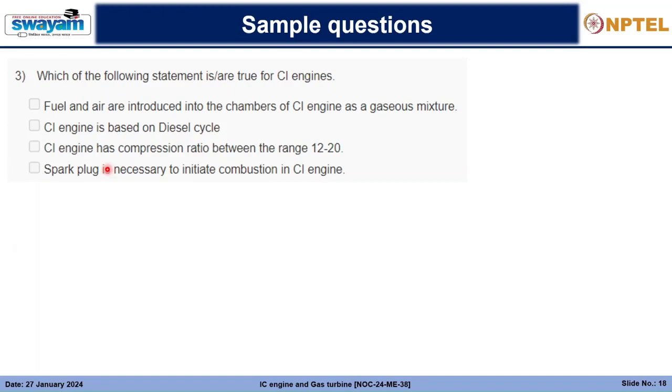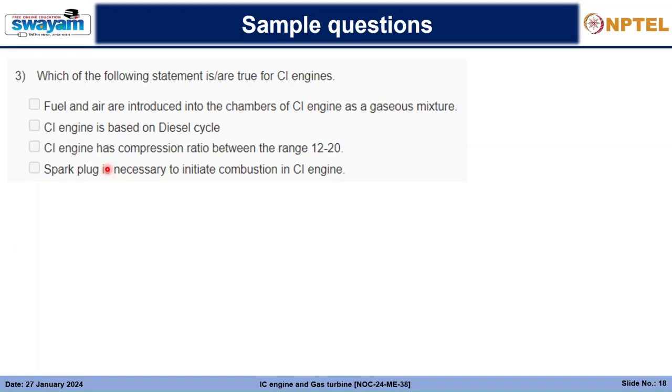CI is the compression ignition engine. In compression ignition, there will be a fuel injector that introduces the fuel in mist form, that is very small liquid droplets, not even gaseous. So the air and fuel are not introduced into the chamber as a gaseous mixture. Only air is introduced. The first statement stands out incorrect.